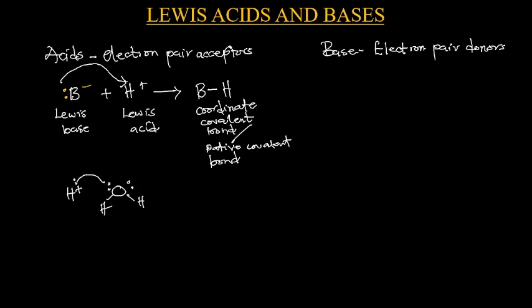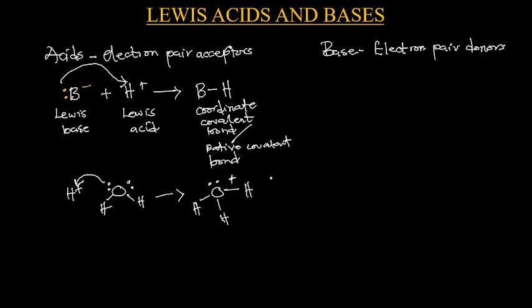The arrow moves from where the electron is to where the electron is not. So the oxygen is donating a pair of electrons into the empty orbital of the proton. The result of this is that we are going to have oxygen bonded to three hydrogens this time and a lone pair on it. By this time it's going to carry a positive charge, because it's becoming more electropositive.